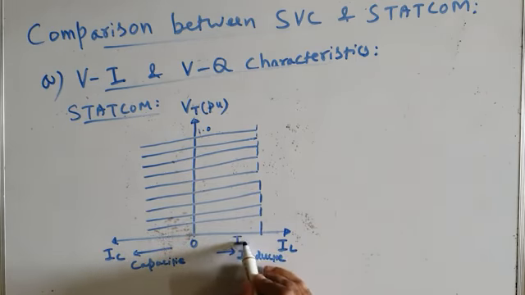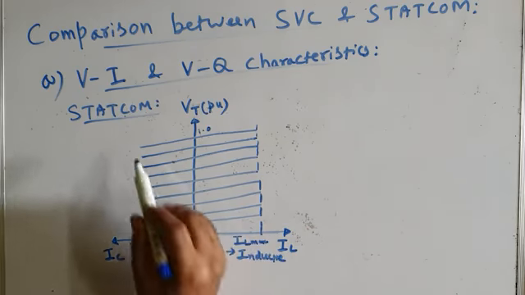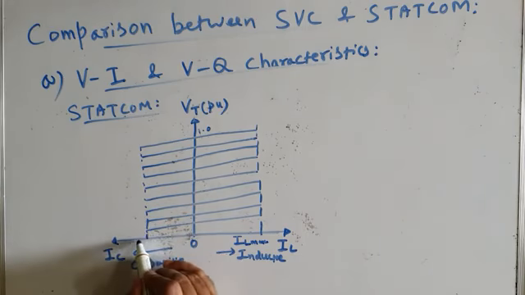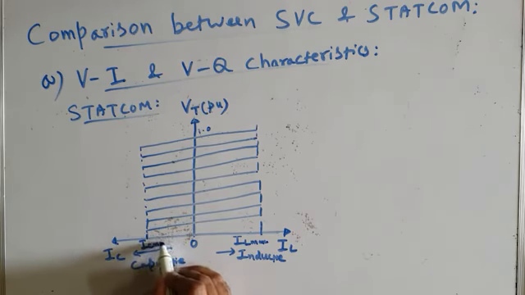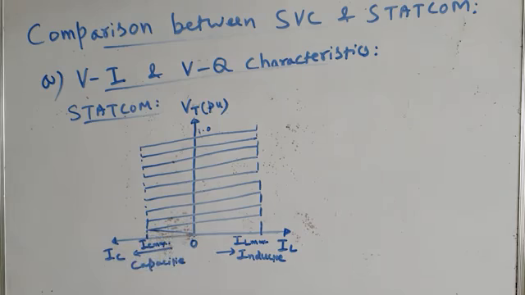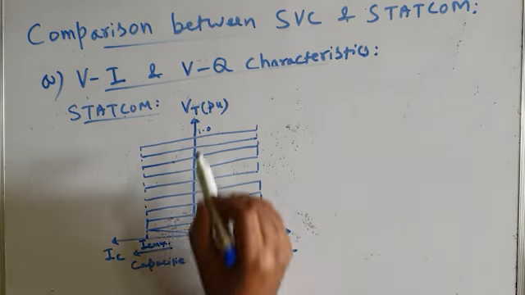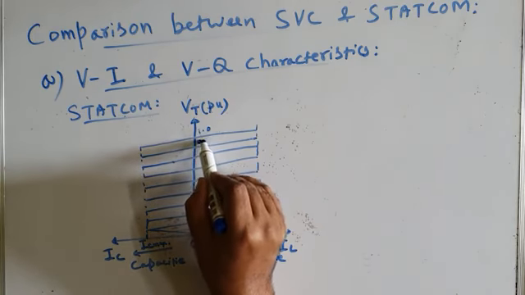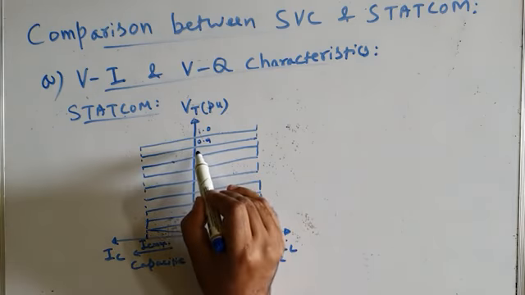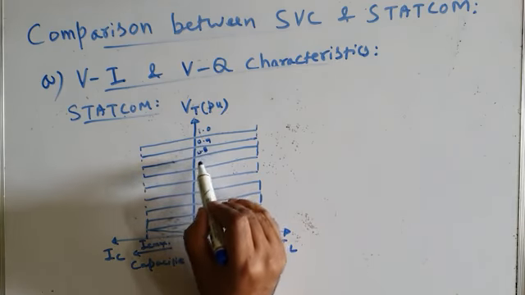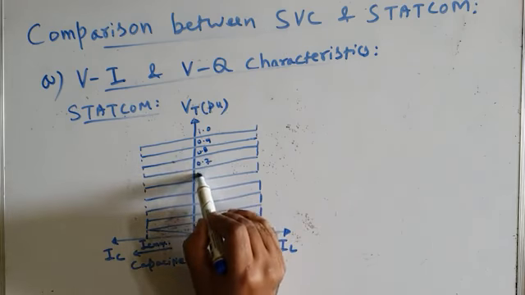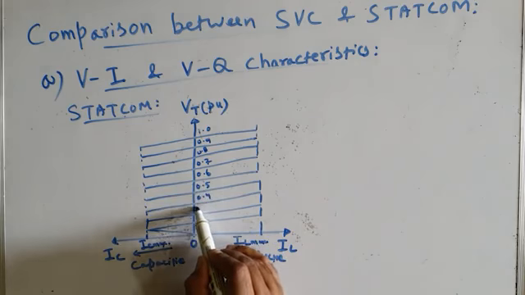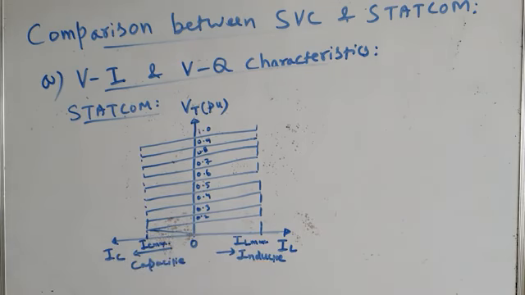Here I should write IL max, and along the negative x-axis, this is the maximum capacitive current drawn by STATCOM, IC max. Now this is 1 per unit. Here the terminal voltage or the bus voltage is 1 per unit. Then it drops to 0.9 per unit, 0.8, 0.7, 0.6, 0.5, 0.4, 0.3, and 0.2.